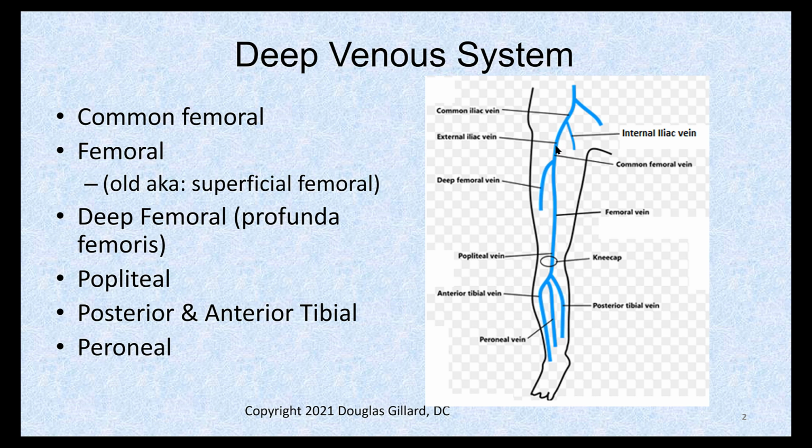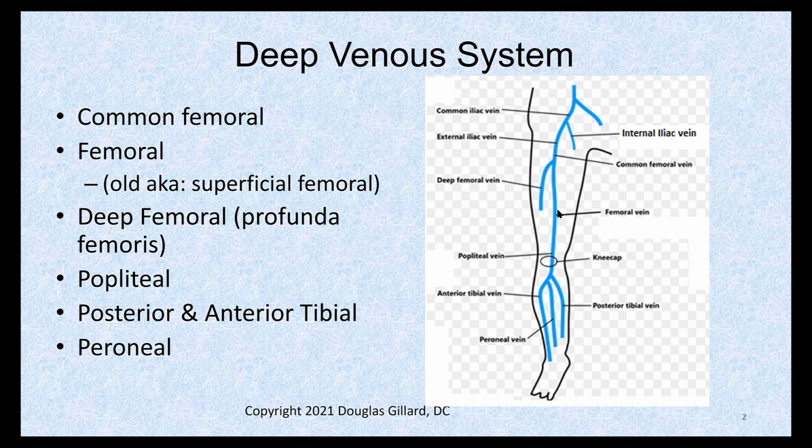So going down, we have a split. Whenever you hear common, there's going to be a split, and that's what happens. The common femoral vein and artery split into a deep femoral vein and artery. And then this remnant is just called the femoral vein. That's why you have to have common femoral vein here.